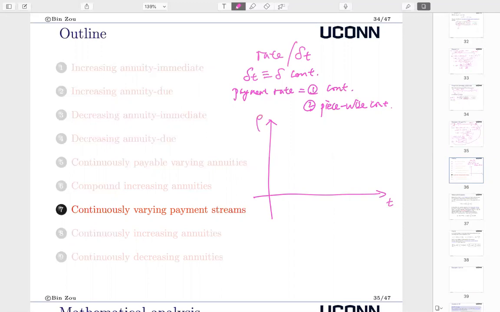In section 5, we studied continuously payable varying annuities. One of the examples we studied is continuously payable at $1 in year 1, and then it goes to $2 in year 2, and then $3 in year 3.